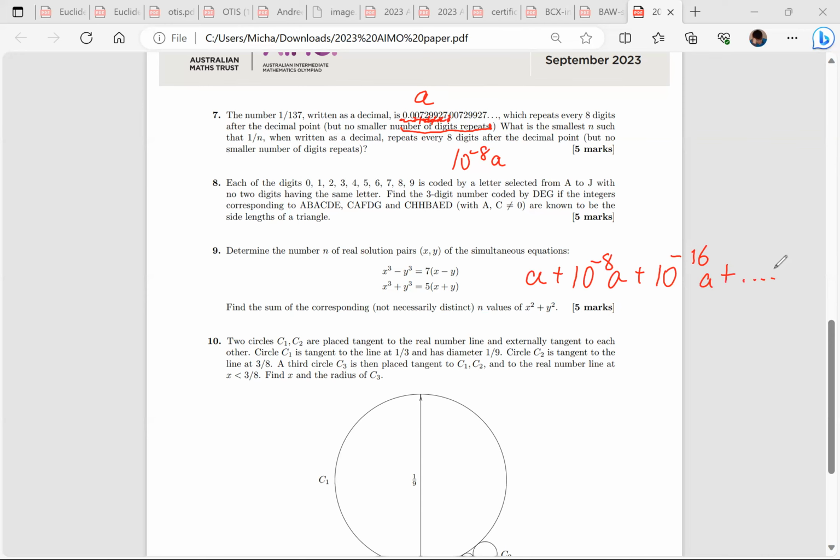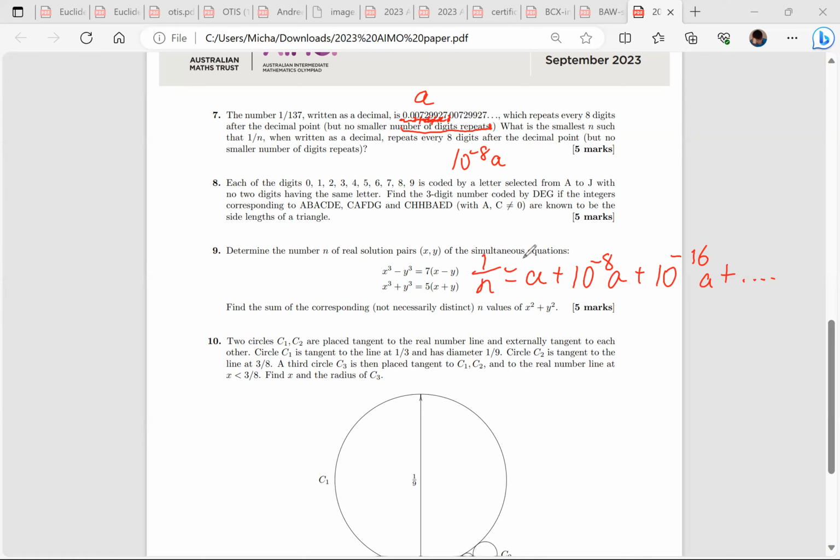Okay, so this next part, I showed you guys this in class, but in terms of the high school syllabus, this is not until year 11 or something. The geometric series. So basically, this number has to equal 1 over n, that's what we're looking for.